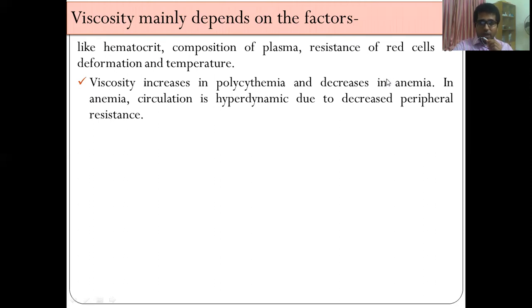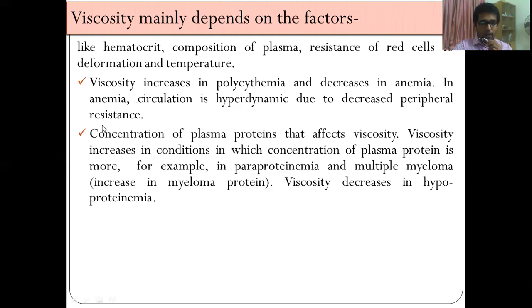In case of anemia, the number of red blood cells is less, so the viscosity will be decreased. So in anemia, as the viscosity decreases, the velocity will be increased and the circulation will be hyperdynamic. If the viscosity is less, there will be less peripheral resistance, increased velocity, and hyperdynamic circulation.